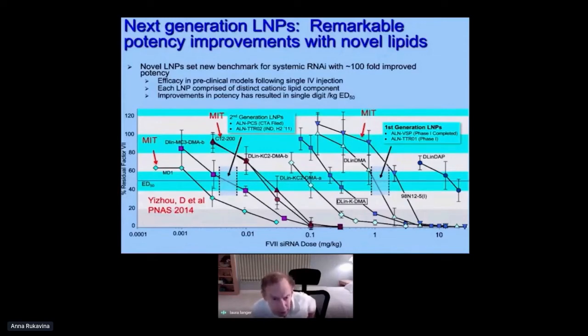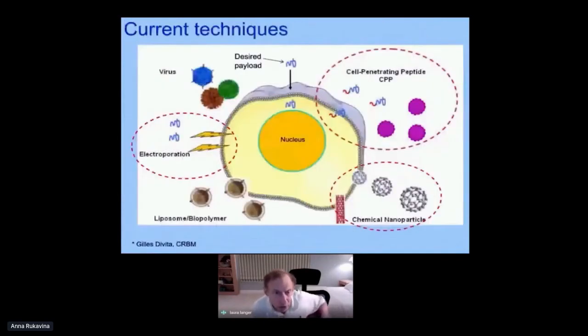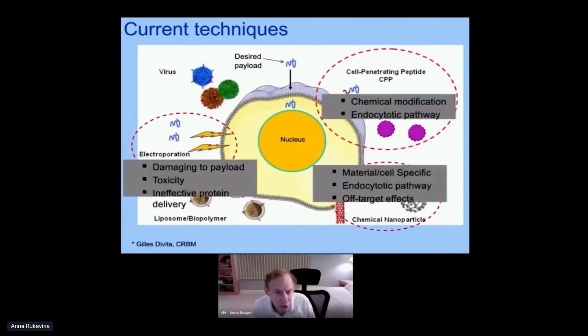And if we go to the next slide, what you see is just a cartoon. Some of the ways that people tried to do it are electricity, cell-penetrating peptides, nanoparticles, liposomes. But if we could press the button for the next slide, so to speak, what you see is each has disadvantages, like damage or toxicity. If we could go to the next slide.